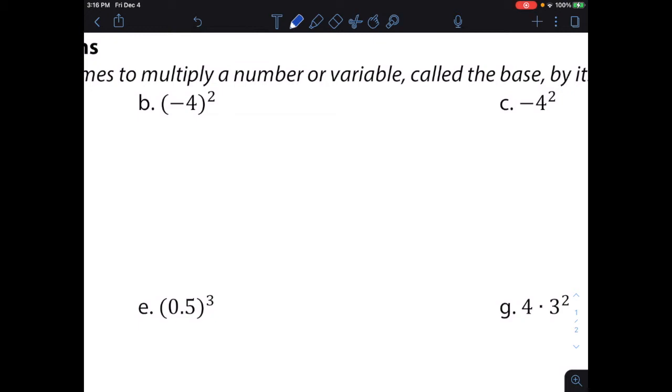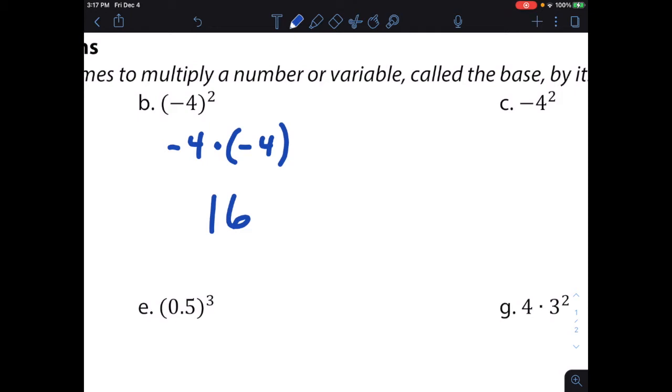Since there are parentheses there, that means that we multiply -4 by itself twice. So we're going to say -4 times, and I'll put the second one in parentheses just to keep the symbols a little neater. So it's -4 times (-4). Well, negative times negative is positive, so it becomes 16. So anytime we have parentheses, we include the negative sign with the number.